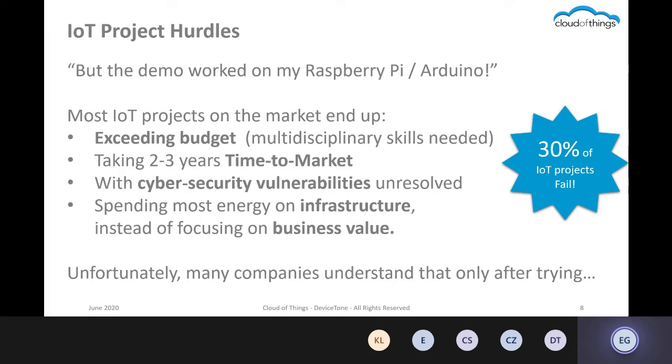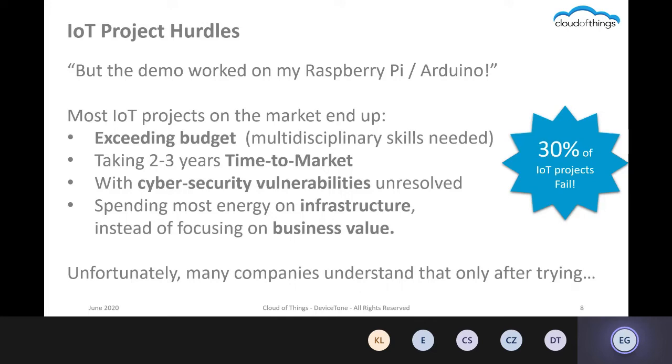Eventually they exceed their budget. They take a lot of time, sometimes 2 or 3 years, to develop the project. Even when they finish developing it, they still have significant cybersecurity vulnerabilities.